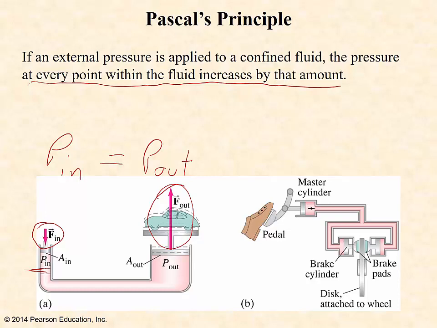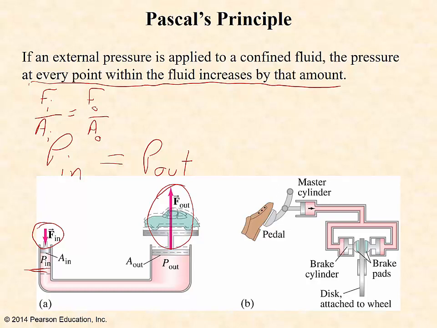Another way that we can think about this is, remember that pressure is force per area. So we could think about this as force in over area in is equal to force out over area out.